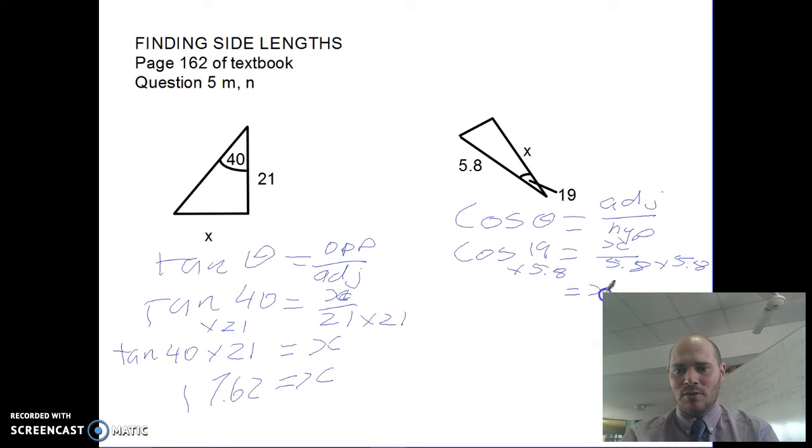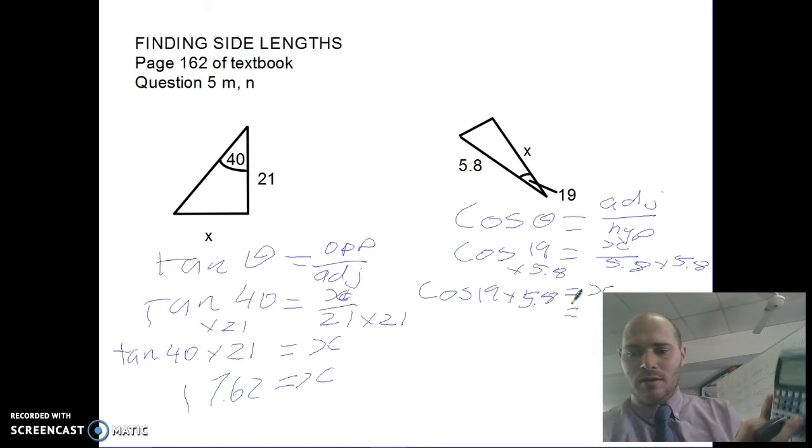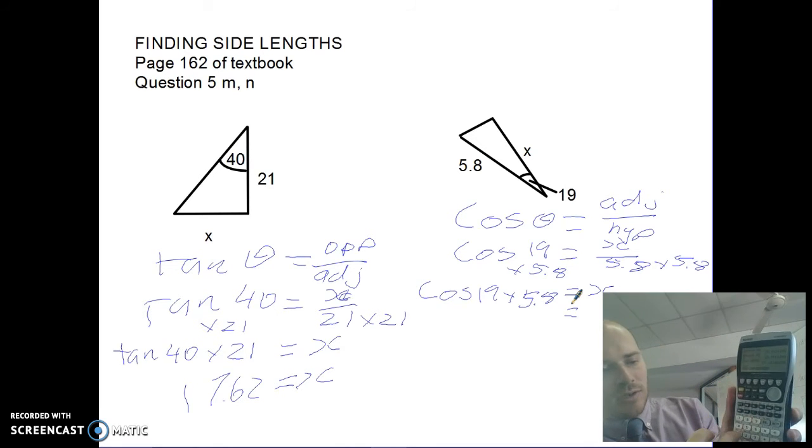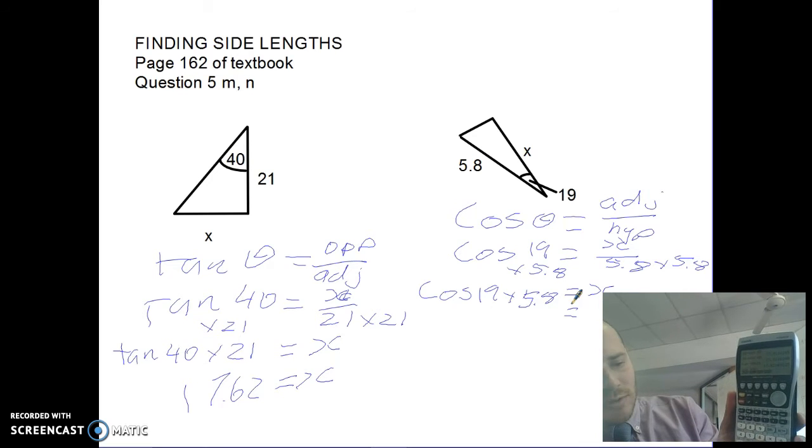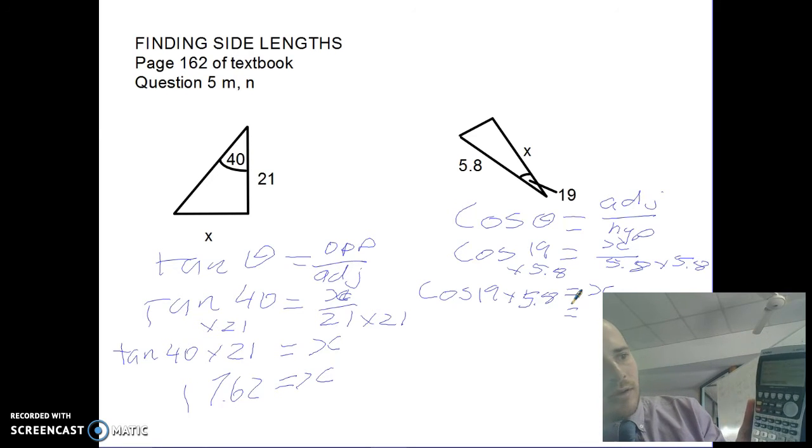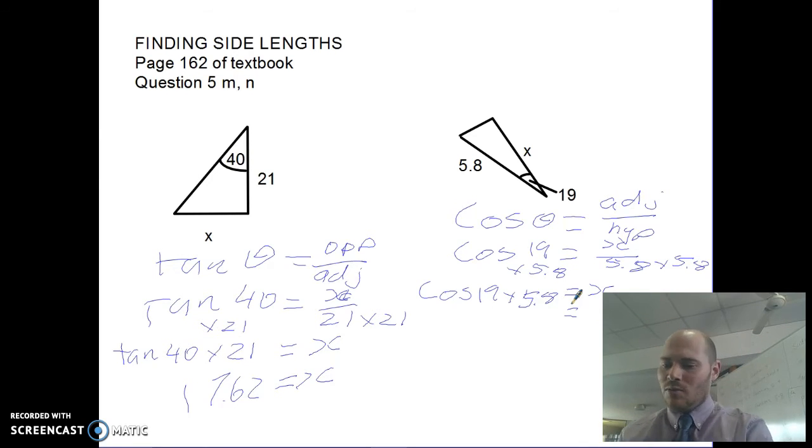I do that to both sides, so I end up with cos of 19 times 5.8 equals x, and that goes straight into my calculator like so. Cos 19 times 5.8, and my answer to that one is 5.48.